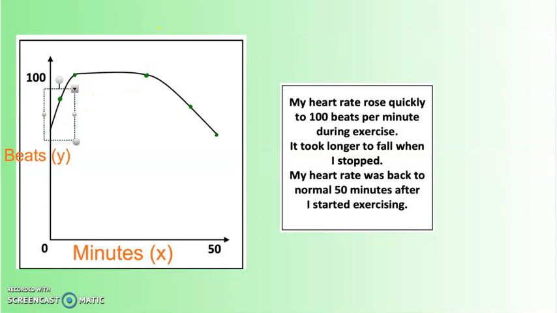If I came up with some minutes, this is 0 to 50, so maybe I'm counting every 10 minutes: 10 minutes, 20 minutes, 30 minutes, 40 minutes, and then this is 50.